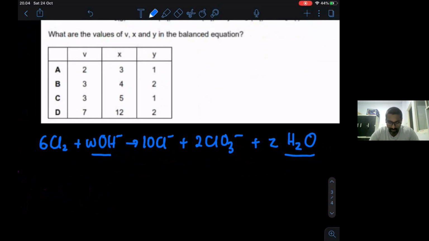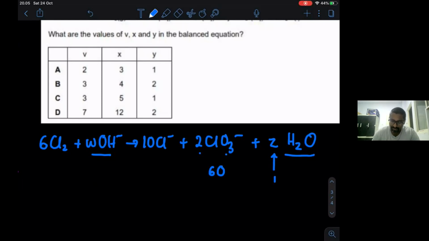For example, if I have 2 here, there are going to be 6 O. And then for hydrogen, if I use this value as 1, I'm going to have a total of 6 oxygen plus 1, 7 oxygen.